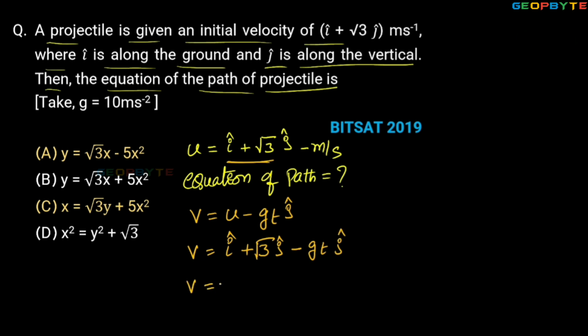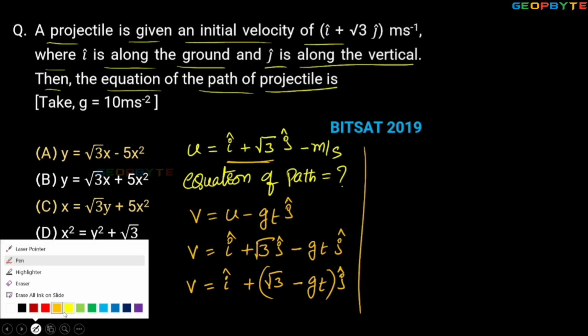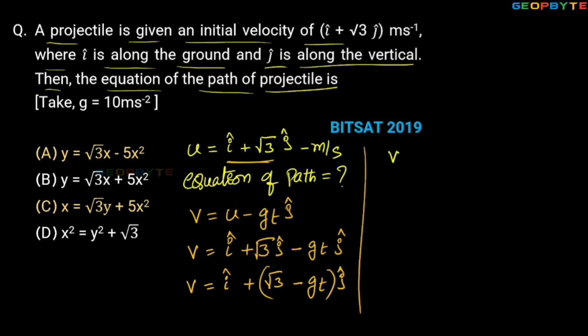It can be also written as i cap plus root 3 minus g t j cap.